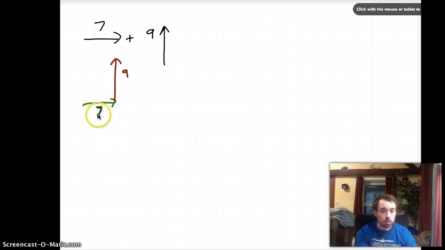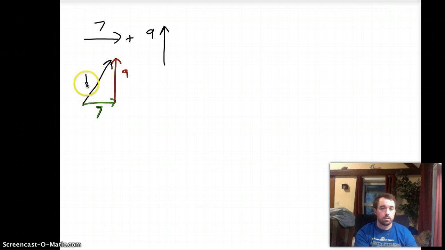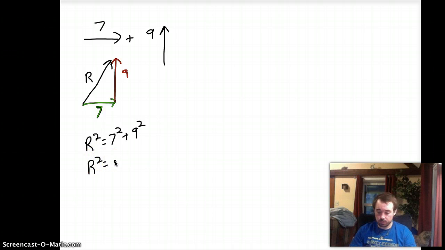Oops. Try to keep the colors the same. And our resultant is going to be, again, R squared equals 7 squared plus 9 squared. And this you could just plug into a calculator. So 7 squared is 49, I know that one. Plus 9 squared is 81. So you're going to get R squared equals 130.